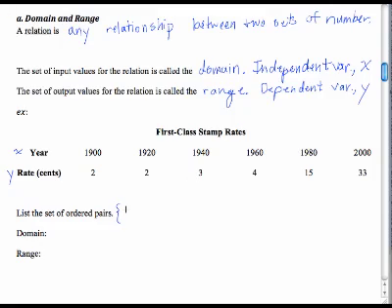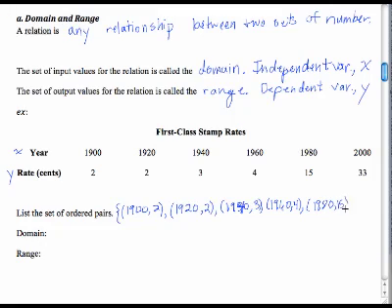We can list them out in roster notation. So the first coordinate point is 1900, 2, next coordinate point is 1920, 2, 1940, 3, 1960, 4, 1980, 15, and 2000, 33, and you would end it with a curly brace.